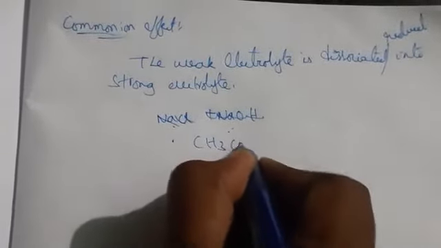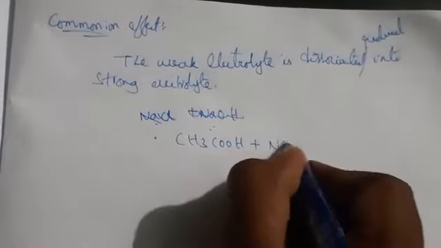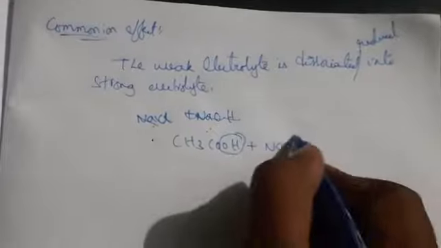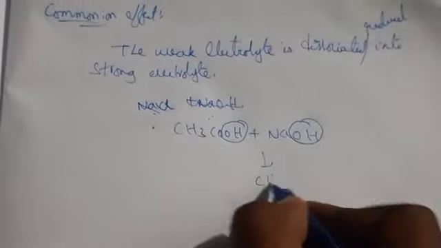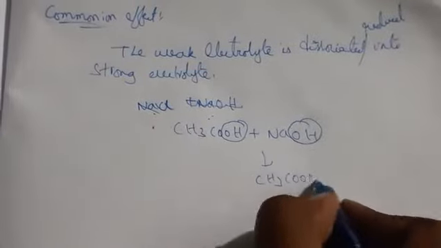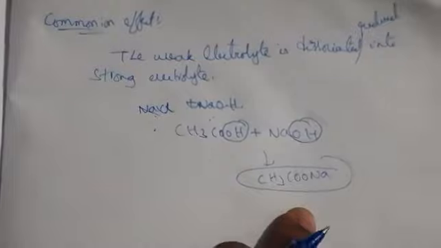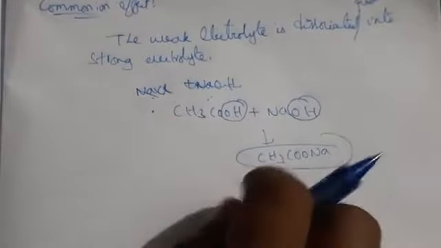Now let us take CH3COOH as a weak electrolyte and NaOH as a strong electrolyte. What is the common thing we are having here? OH. So this OH is the common. So it is going to form CH3COONa, a strong electrolyte, again with sodium. So by this we can say there are common ions present over here.